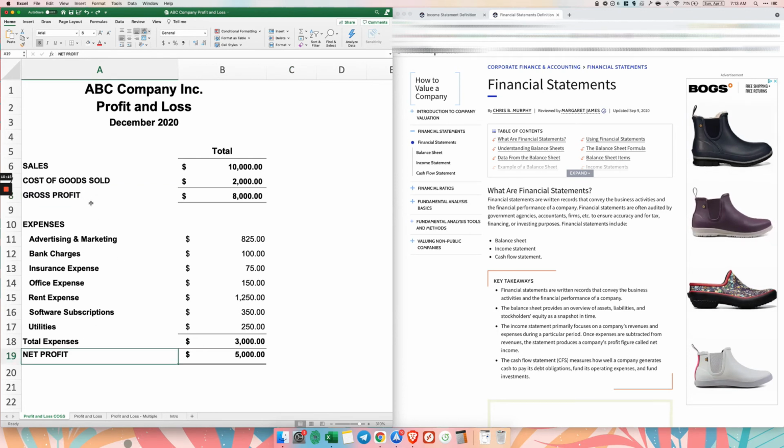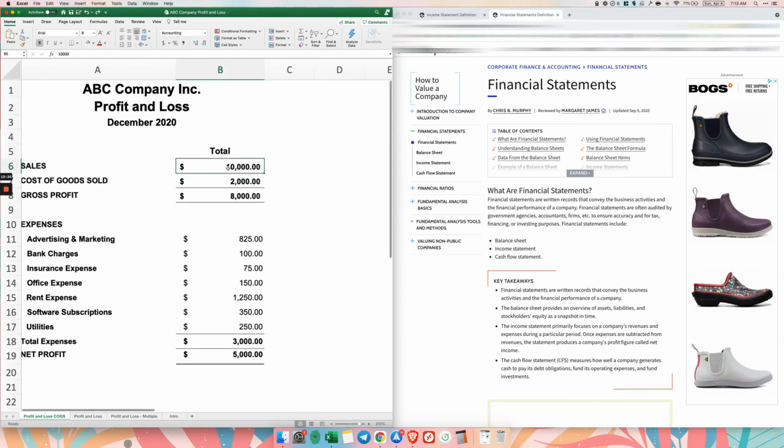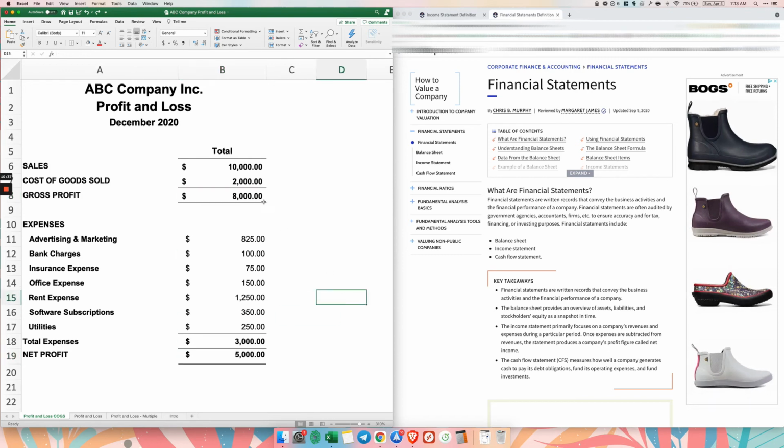So when someone asks you what's your gross, this is what they're talking about. Basically, it's your sales minus the cost of those products. $10,000 in sales minus $2,000 in cost of goods sold means $8,000 in gross profit. And the net profit of this one is $5,000, because $8,000 minus $3,000 in expenses gives you a $5,000 net profit.